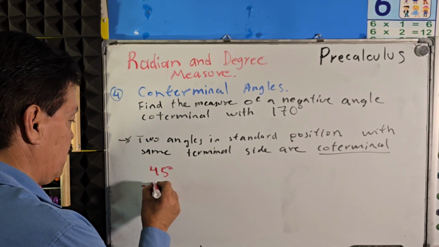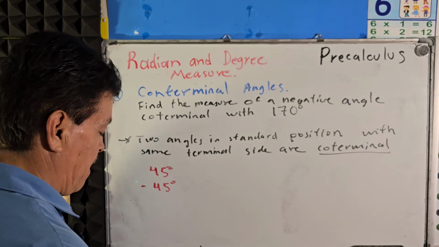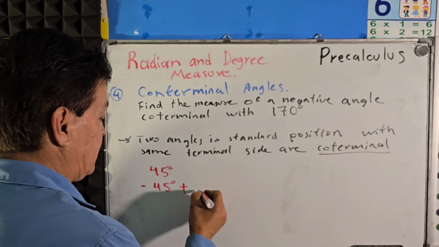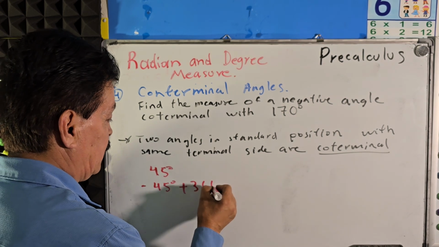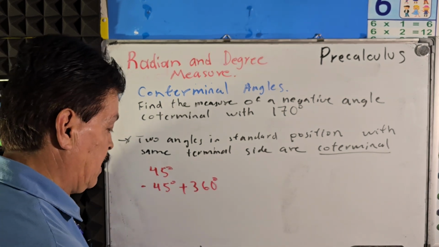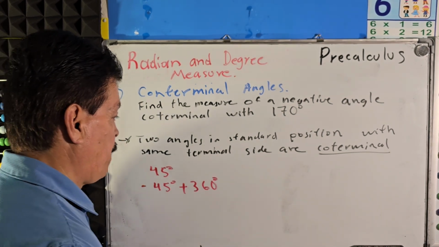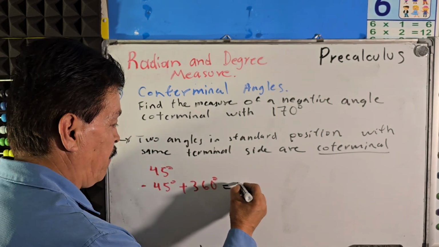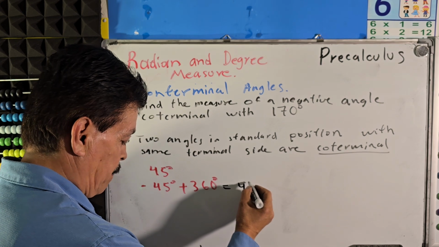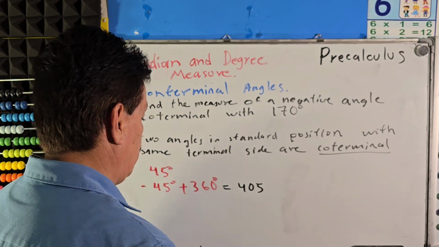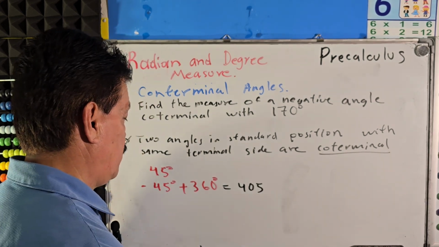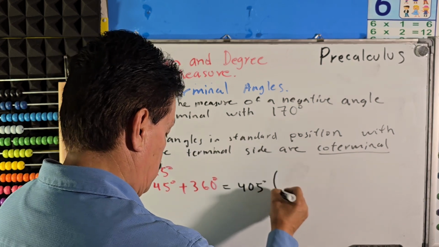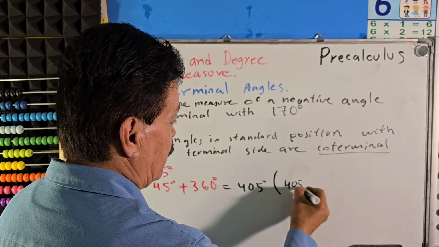So 45 degrees plus, remember the total round, 360 degrees equals 405 degrees. Yes or no? Yeah, 405 degrees here.